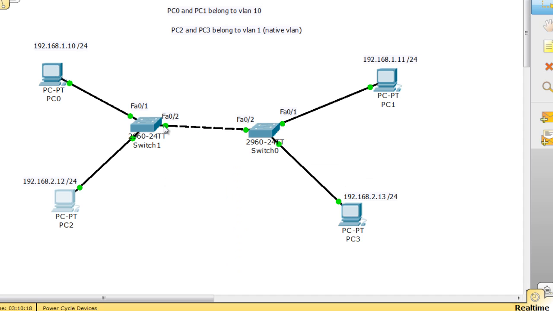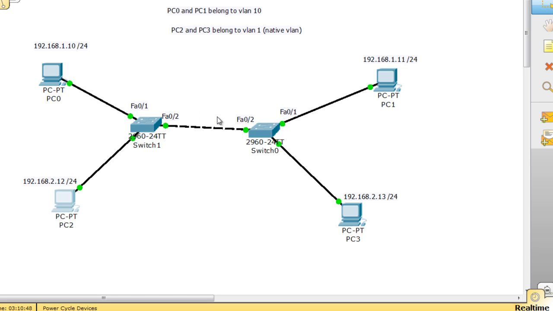And once this switch receives the frame, it's going to look at the 802.1q tag, and it's going to know that this frame is for a PC that belongs to VLAN 10, and it's going to send the frame out to PC1 up here. But just keep in mind that the PC doesn't have any idea about the 802.1q tagging. The tagging is a language that is spoken only between the switches up here. So just keep that in mind.